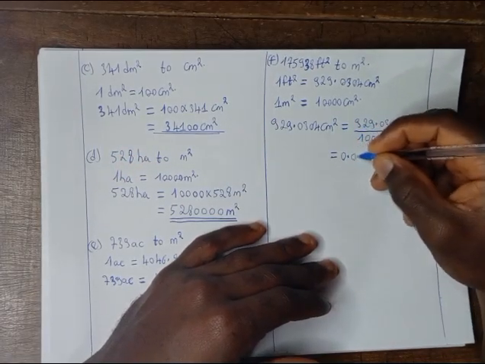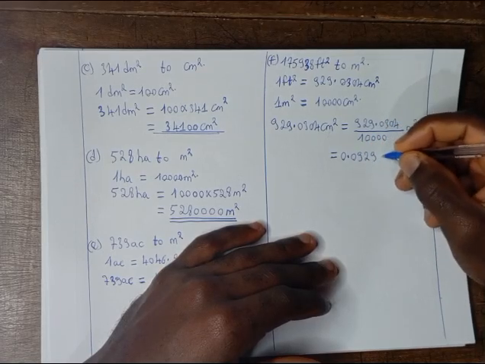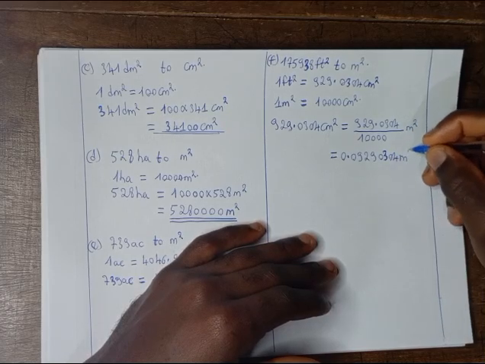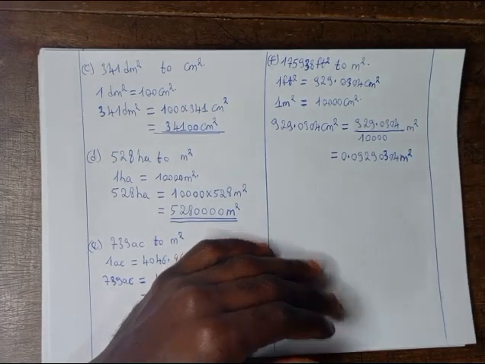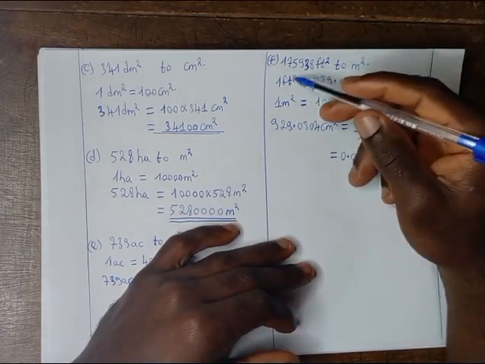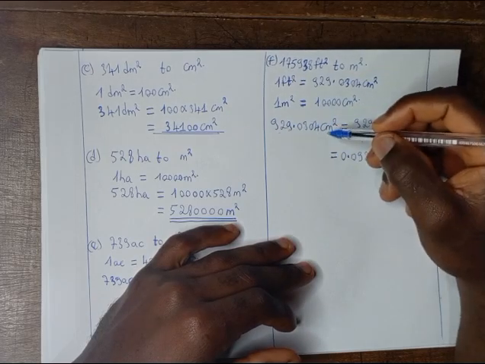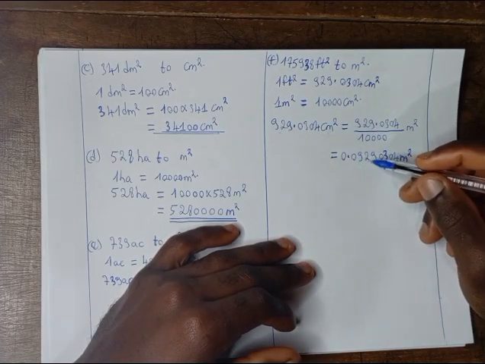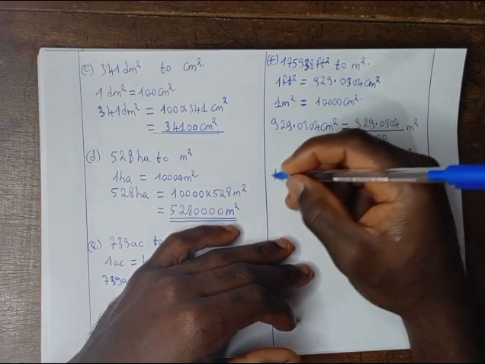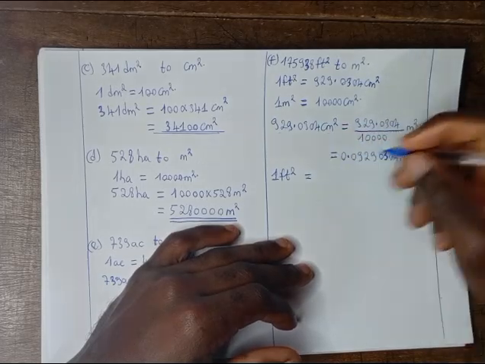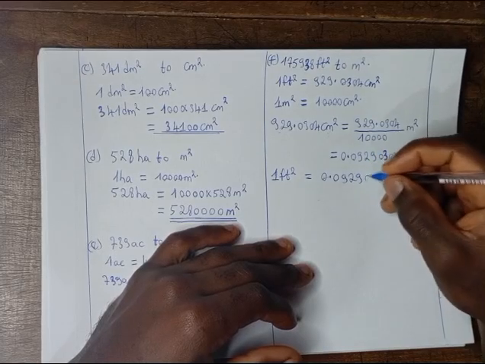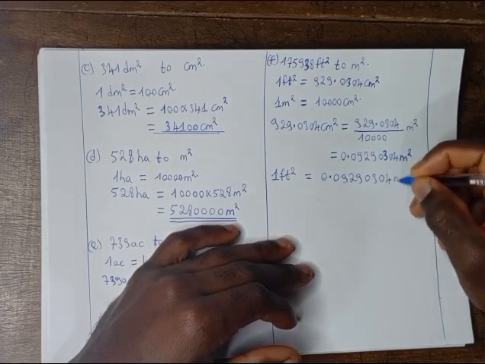This will give us 0.092900304 meters squared. Next, we know that 1 foot squared is equal to 0.092900304 meters squared.